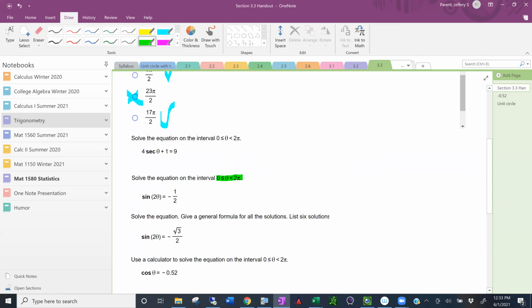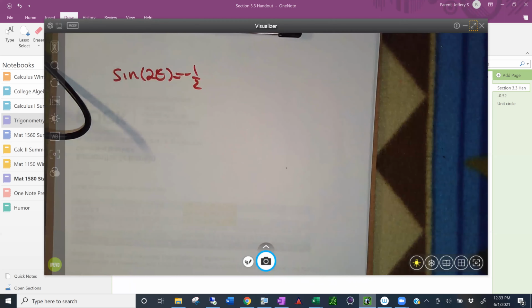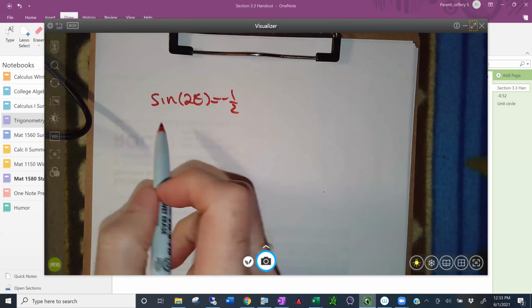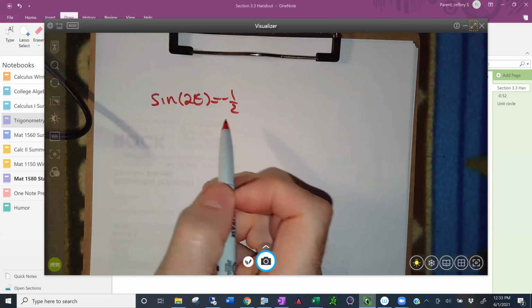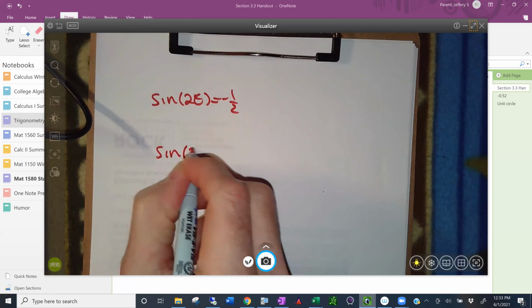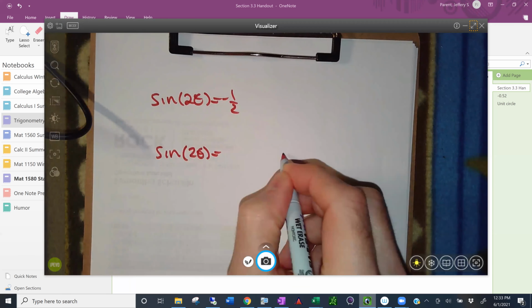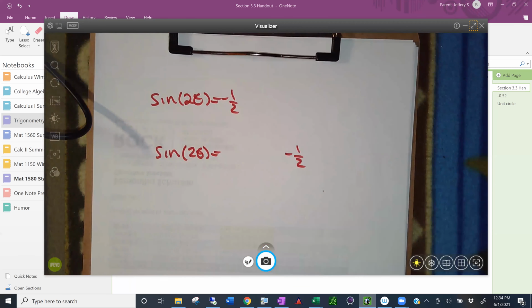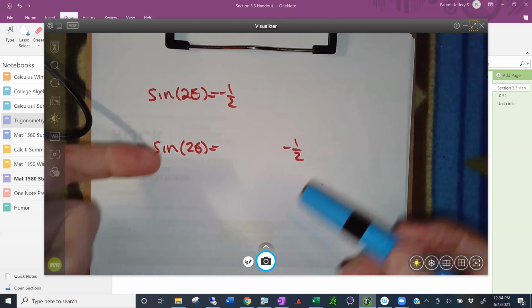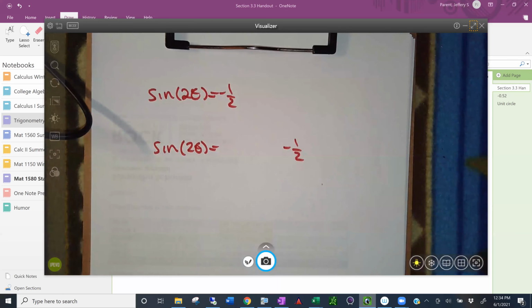This is where we're going to start using our inverse trigonometric relations. So sine of 2 theta equals negative 1/2. What I'm going to do is I want to get at theta. I want to eventually solve for theta.